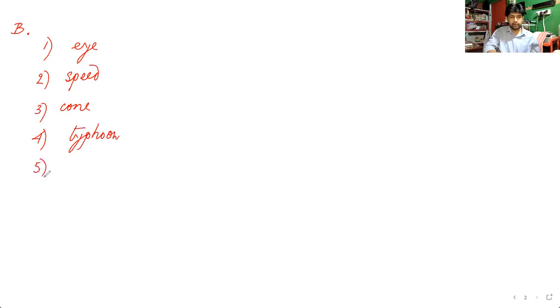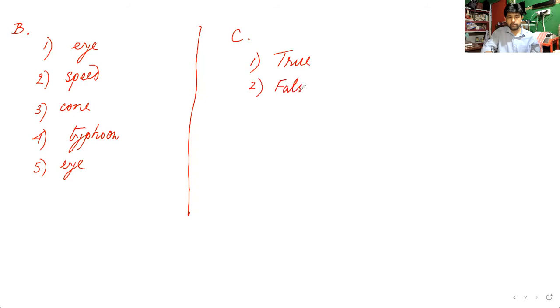And number 5 is also I. Then type C. Type C, number 1 is true. Number 2, false. Number 3, false. Number 4, number 5.